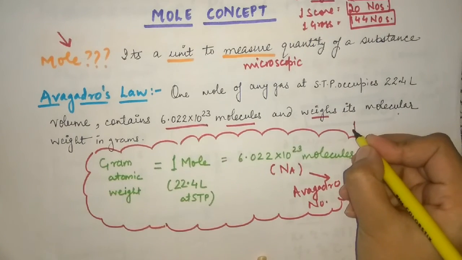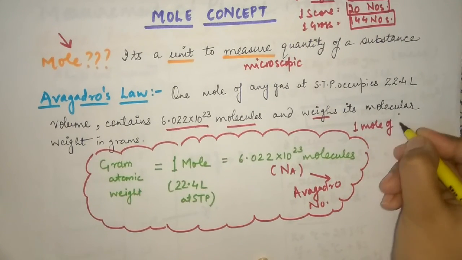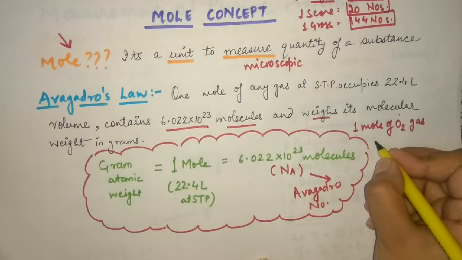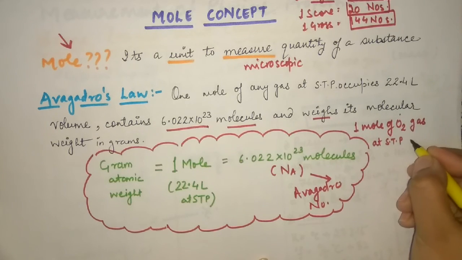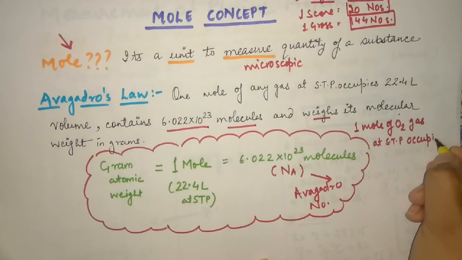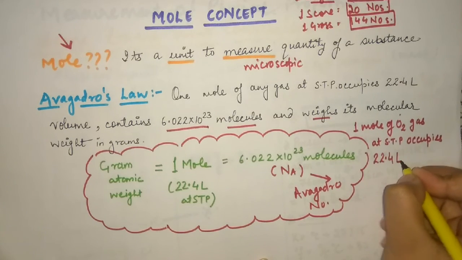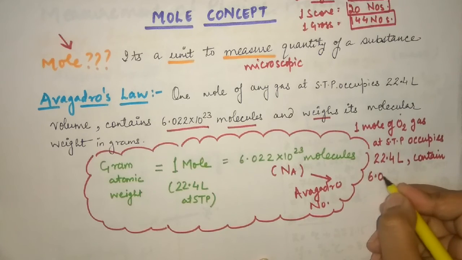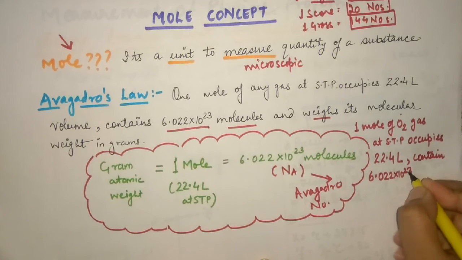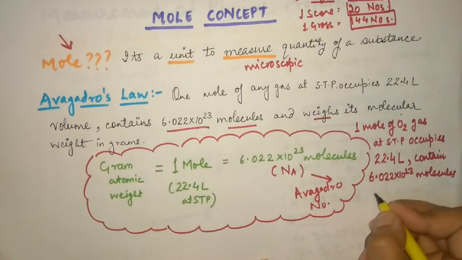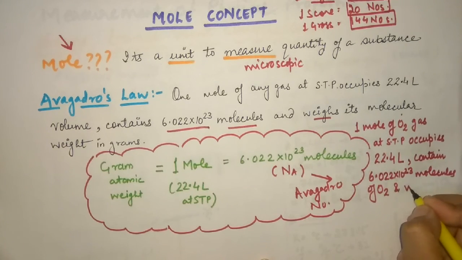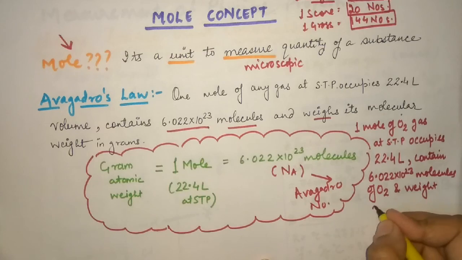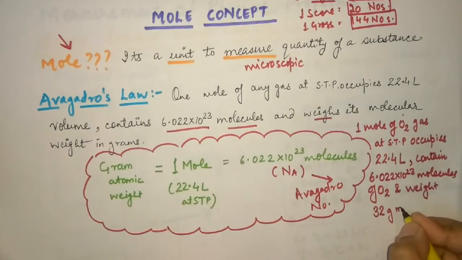When I talk about 1 mole of oxygen gas, that means O2 gas. 1 mole of O2 gas at STP occupies 22.4 liters of volume and will contain 6.022 into 10 raised to 23 molecules of O2, and it will weigh how many grams? 32, because we are talking about O2, 32 grams.